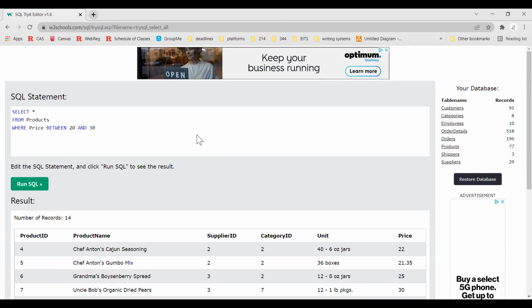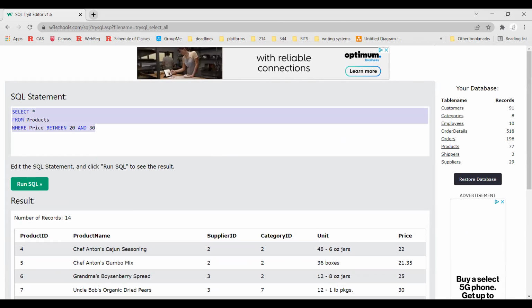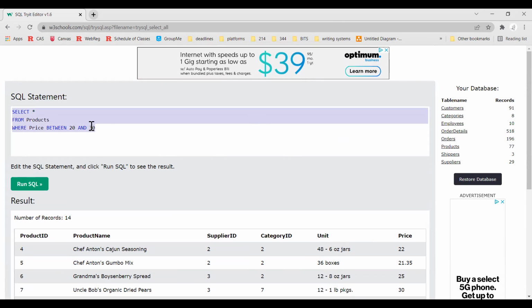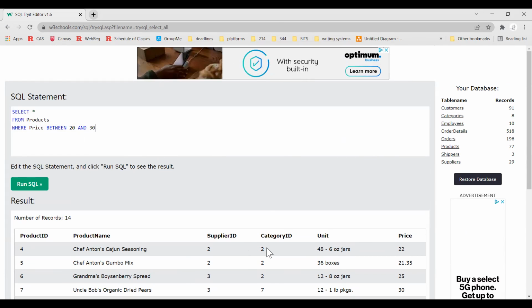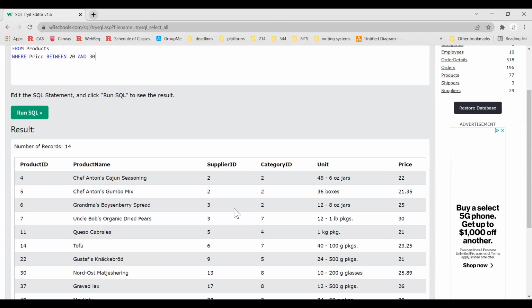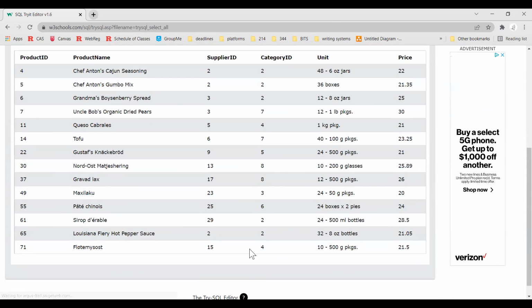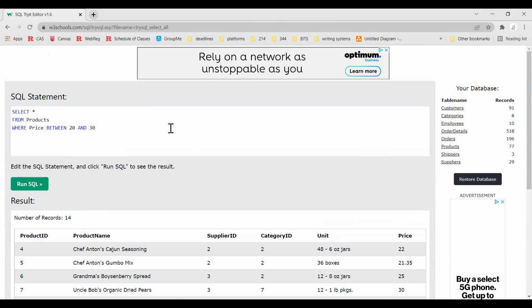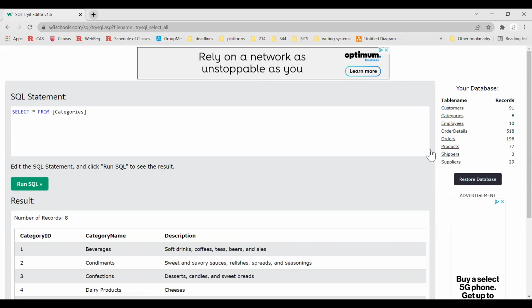All right, next up, let's go into joins. So we've been seeing all these category IDs here, but we don't actually know what they mean. Like 2 means nothing to us. And none of these numbers really mean anything. So what if we wanted to retrieve the category name from category? Yeah, it's called category name.